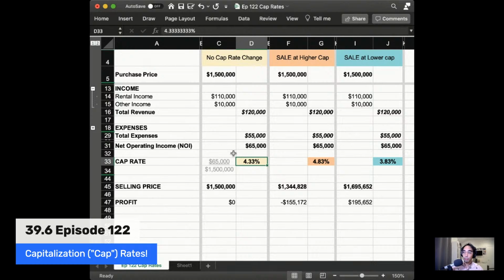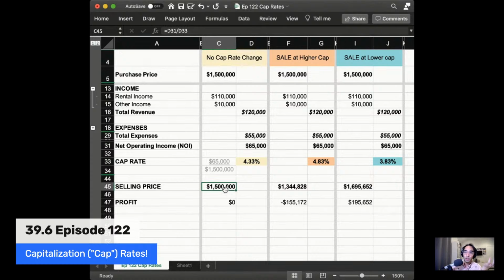The market cap rate for purchases could be 4.33%, and you would simply take that $65,000, divide it by 4.33%, and that would give you the price of $1.5 million.